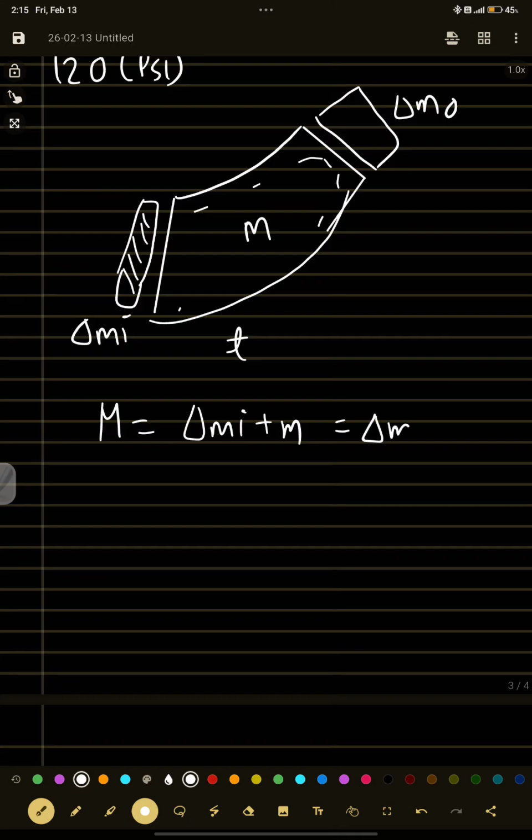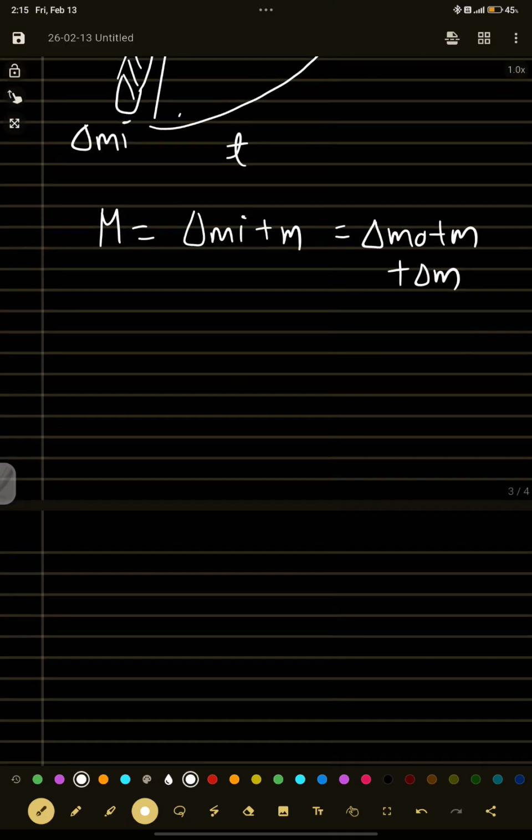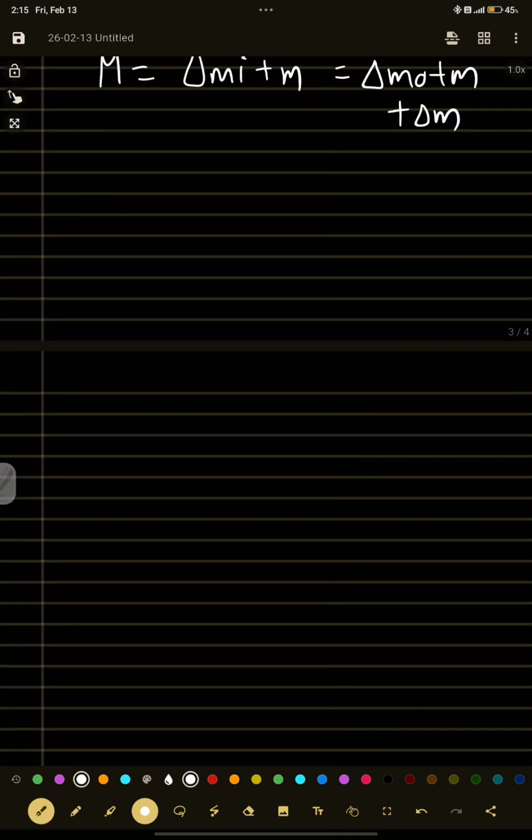So we had these following equations. One was conservation of mass, where m dot I minus m dot O was equal to m dot, which is the rate of change of the mass enclosed by the container and its boundaries.